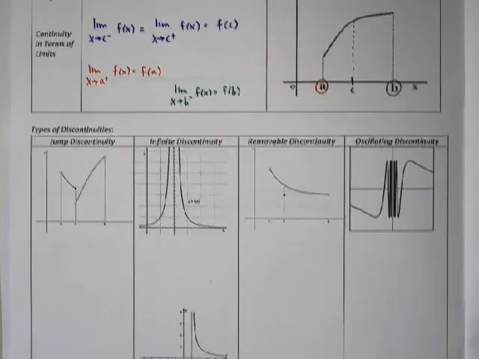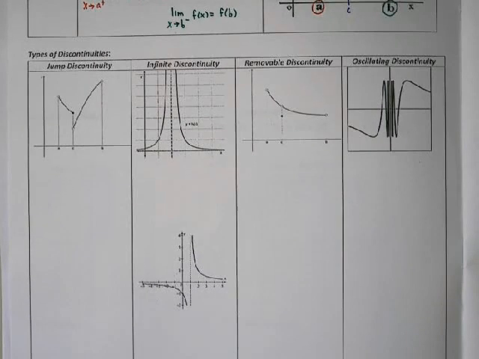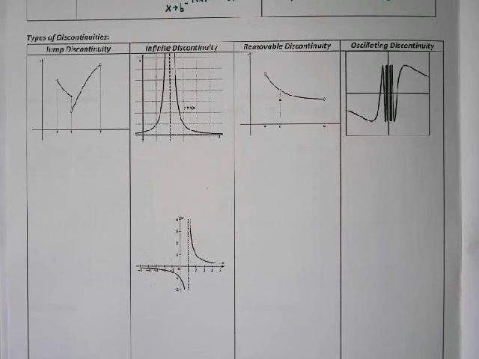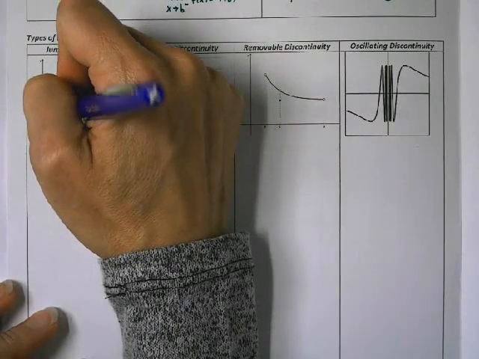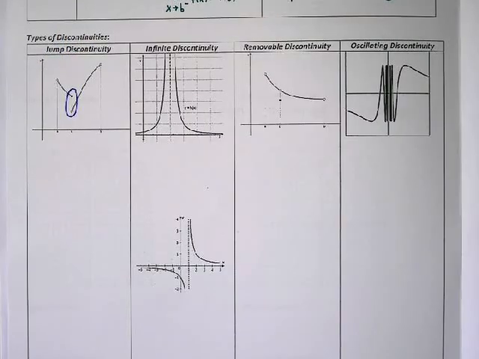Now, last time we also talked about different types of discontinuities and why they failed that limit definition. So the first one we talked about was a jump, and we said this largely occurs with piecewise functions. And the issue here is right at x equals c.